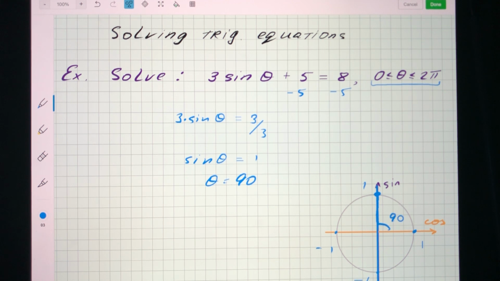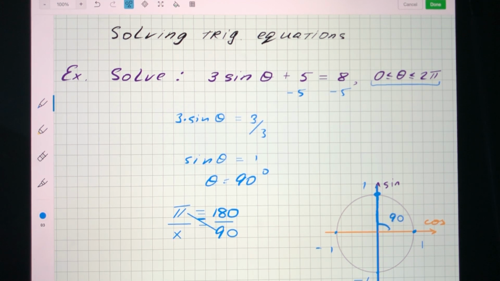And if we're asked to find the angle in radians, then we need to convert the 90 degrees into radians, and we remember that pi is 180 degrees, and we have 90 degrees, which is half. So we make 90 degrees x, and all we need to do is cross multiply.